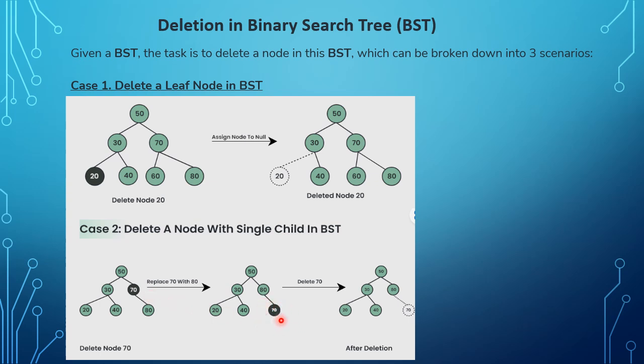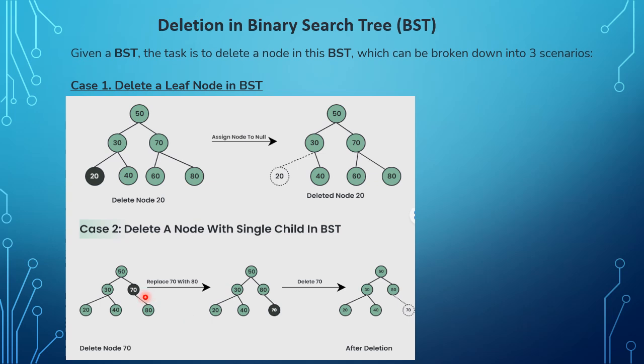To delete the 70, we have to link the sequence below the deleted element with the root node without including the deleted element.